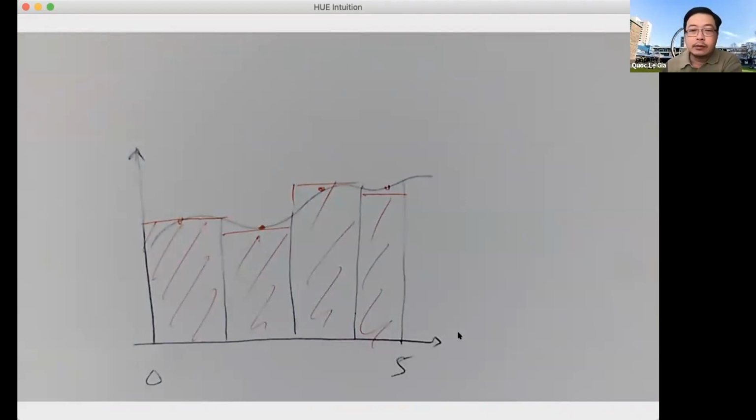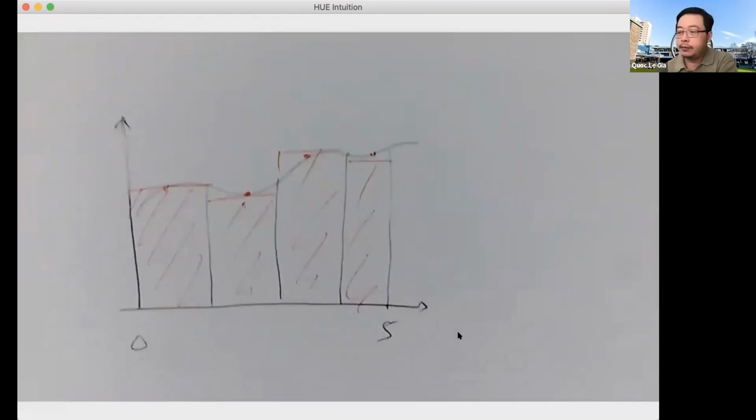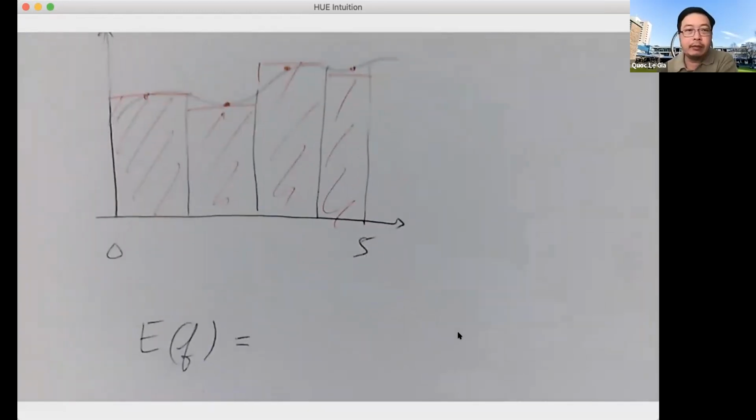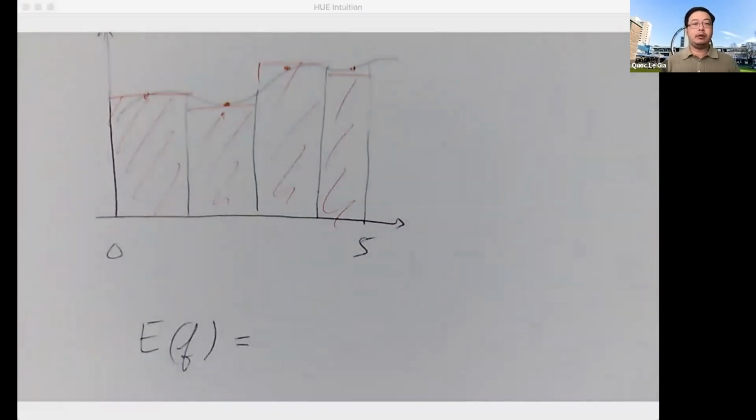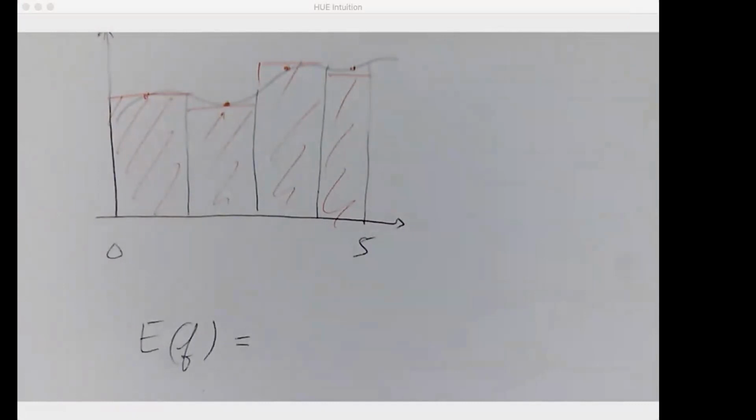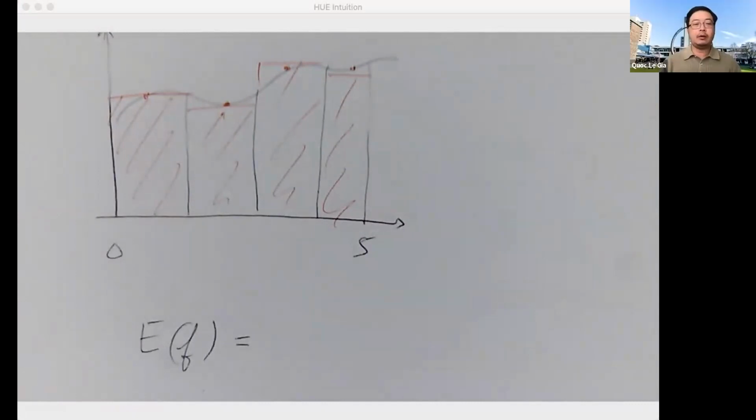If you go back to the lectures, you will see the error of the composite midpoint rule is given by the lecture notes, topic 6 quadratures.